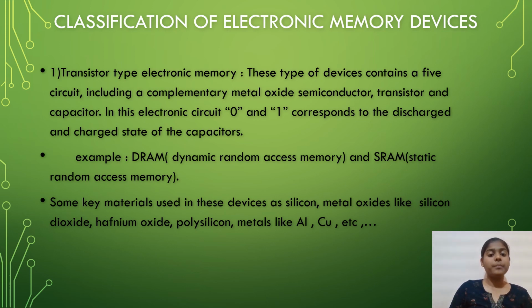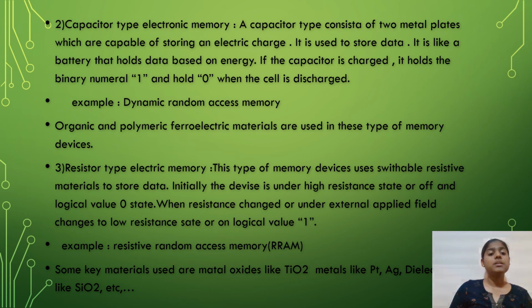Example, DRAM, dynamic random access memory, and SRAM, that is static random access memory. Some key materials used in these devices are silicon, metal oxides like silicon dioxide, hafnium oxide and polysilicon materials like AlCu, etc.